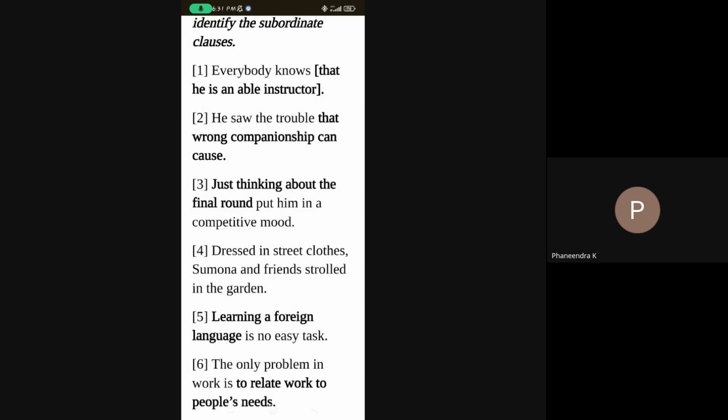Can I replace that particular subordinate clause with something else, like one word? Everybody knows dash, for example. Can I replace it with some other single word? It needn't be similar in meaning to the clause that's given. It could be anything. Say, everybody knows him, or everybody knows English.